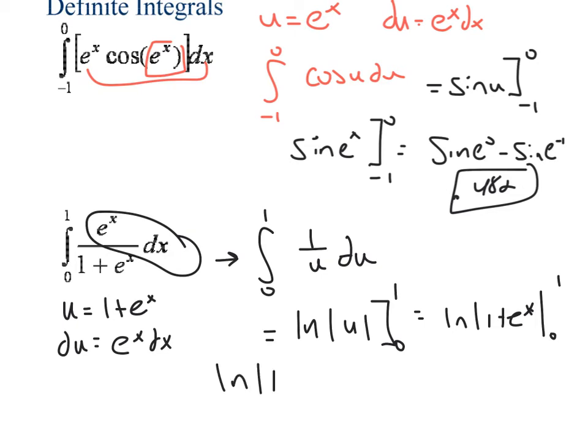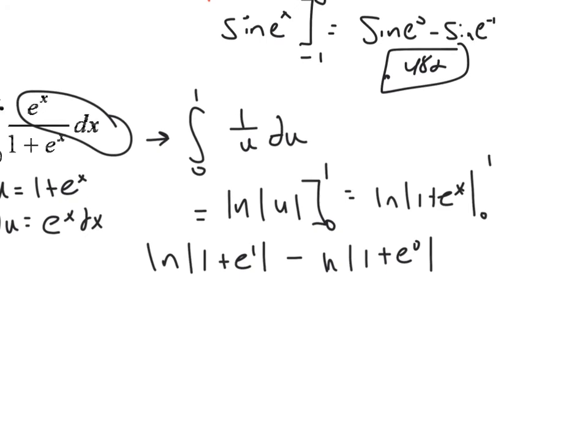Ln of 1 plus e to the 1 minus ln of 1 plus e to the 0. Put it in your calculator. It's 0.62. Sweet.